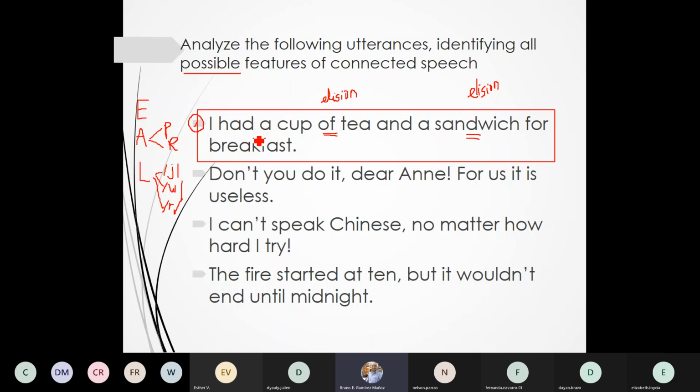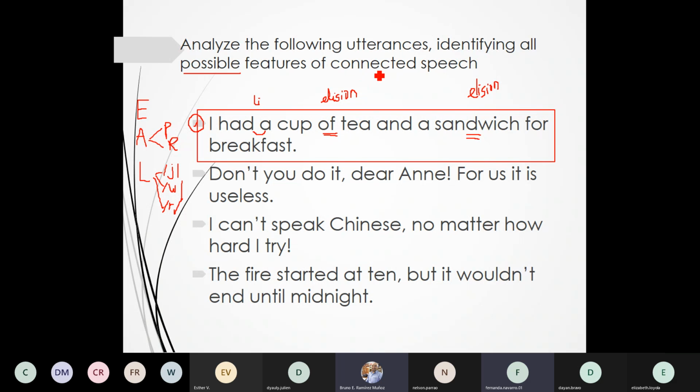Okay, so in this case, I had a cup, had a, it seems more like we're linking the consonant to the vowel sound. That's the indefinite article, right? Had a. I had a cup of tea. Had a. Yeah, right? So what do you think? Could it be like a linking instead of an assimilation?